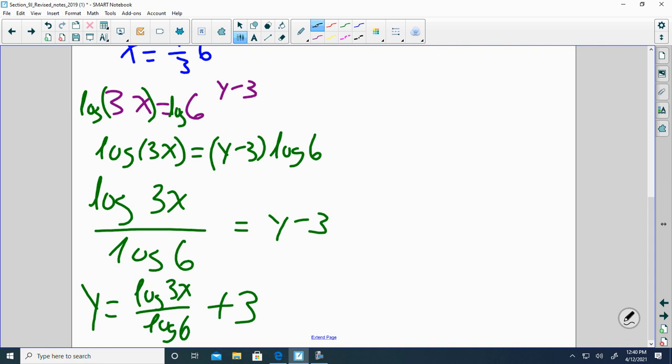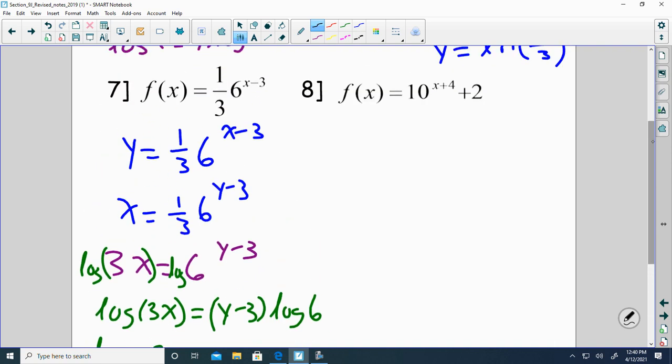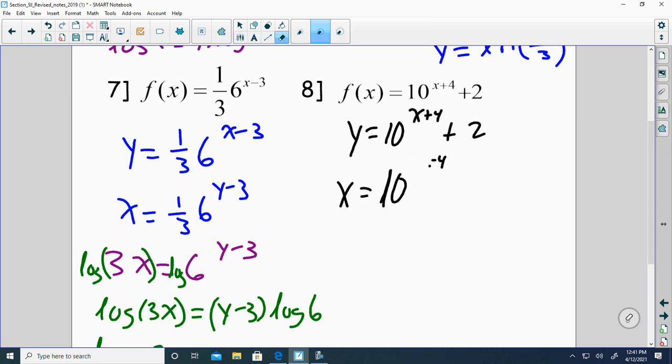Okay. All right, moving on up. y equals 10 to the x plus 4, plus 2. Flip-flop x and y. x equals 10 to the y plus 4, plus 2.